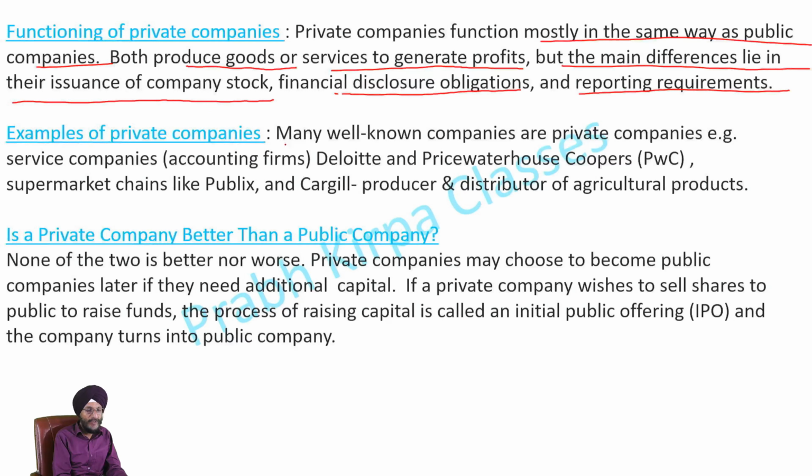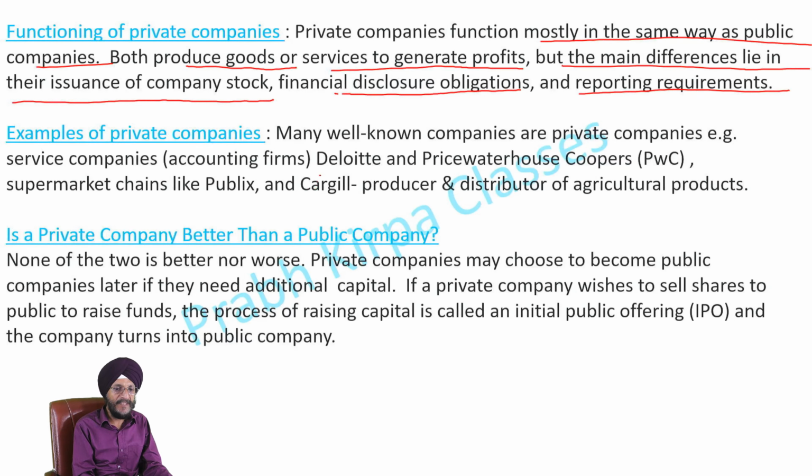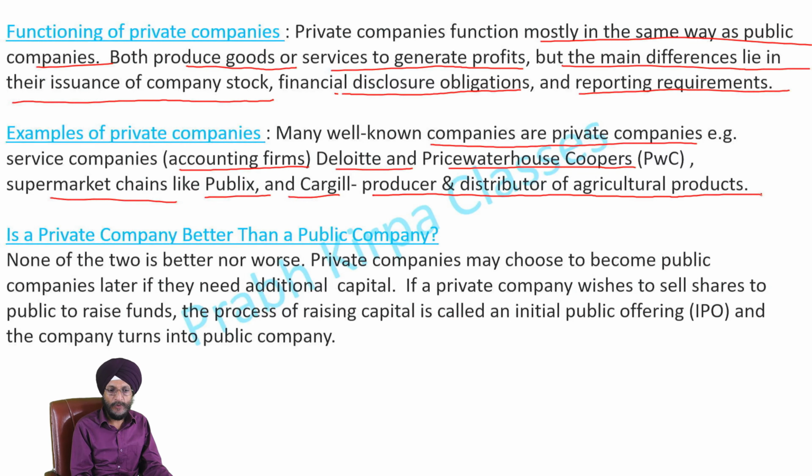Now we will understand what are the various examples of private companies. Many well-known companies are private companies. For example, services companies, that is accounting firms, Deloitte and Price Waterhouse Coopers. Supermarket chains like Publix and Cargill, producer and distributor of agricultural products worldwide.